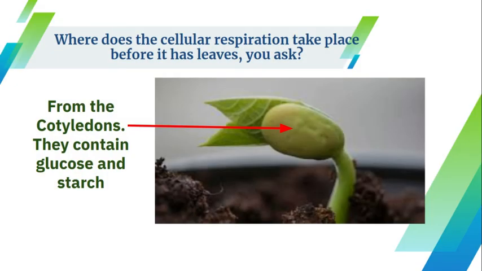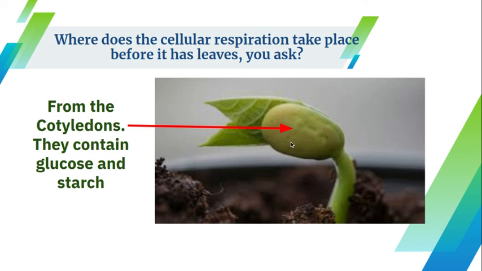What if the plant doesn't have any leaves? Can cellular respiration still take place? You know, you need glucose in order for cellular respiration to take place. Well, if the plant is just germinating, the leaves are not fully developed, but the sugar, the glucose, is found in the cotyledons. So as long as there's glucose around, cellular respiration can take place.